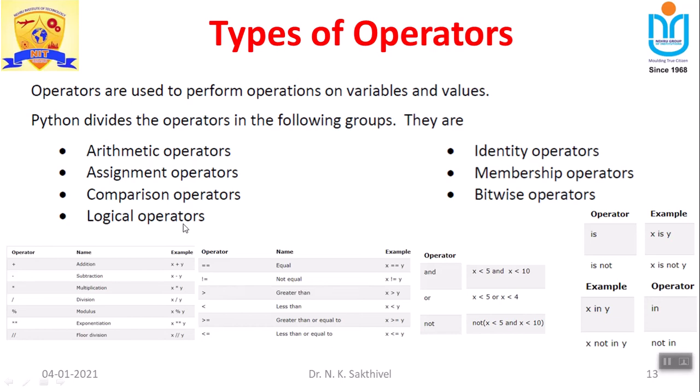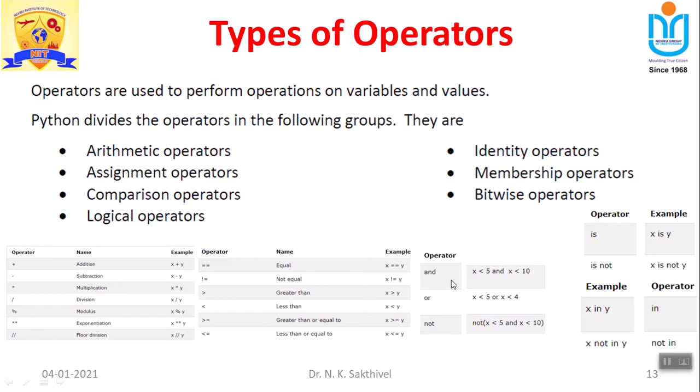Then logical operators: and, or, not, you know very well. If this condition is true and this condition is true, then the output is true as far as and is concerned. That means this condition should be true and this condition also should be true. Then the output is true, otherwise the output is 0, that means false, under the and logic.